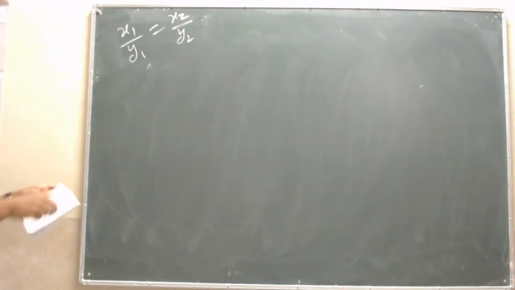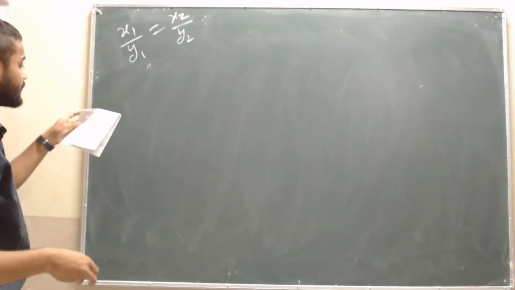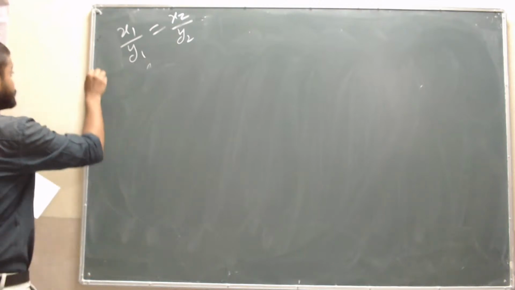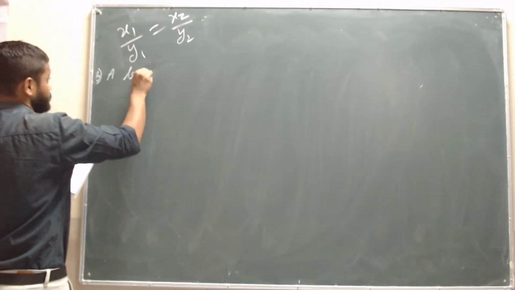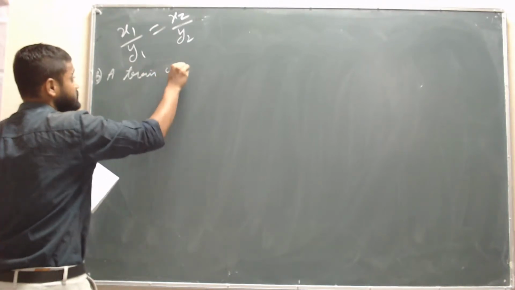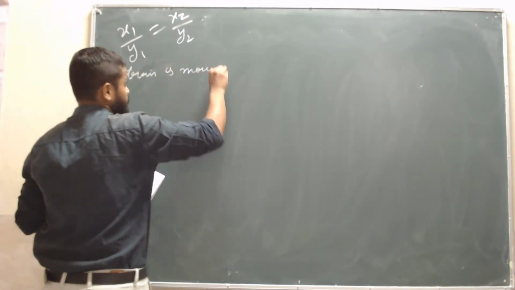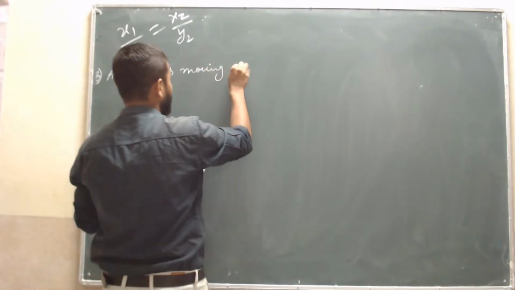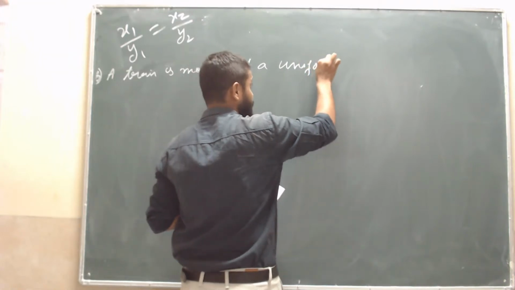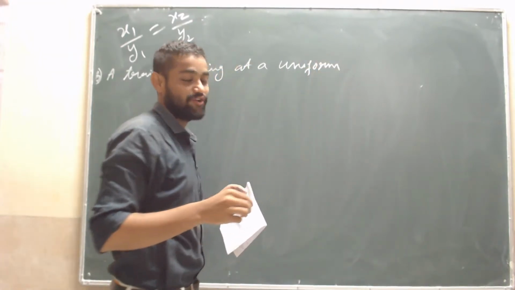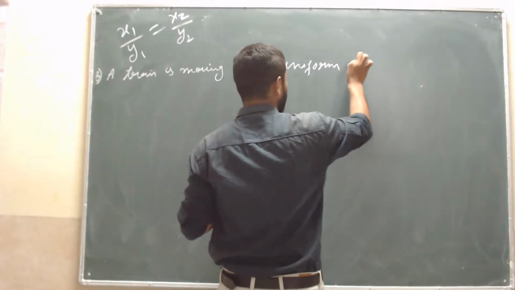The question is, a train is moving at a uniform speed of 75 kilometer per hour. I think you know about uniform speed.